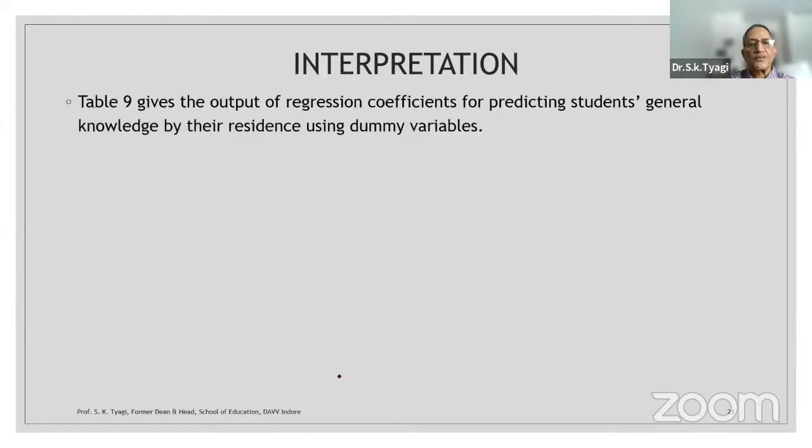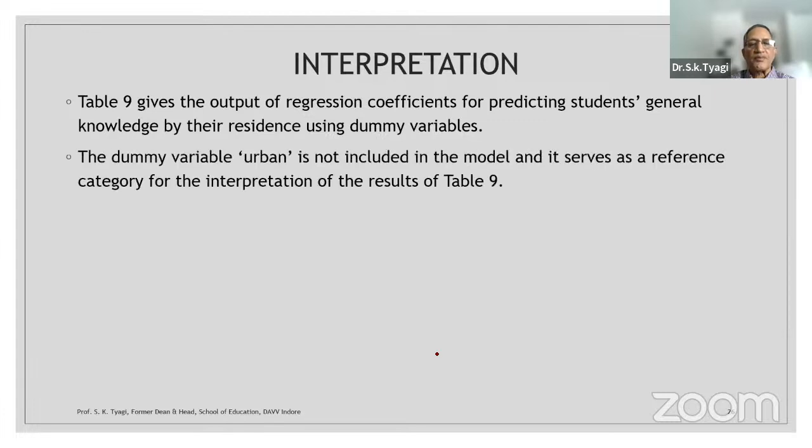Now coming to the regression coefficient. Table 9 gives the output of regression coefficients for predicting general knowledge by residence using dummy variables. The dummy variable urban is not included in the model as it serves as a reference category.